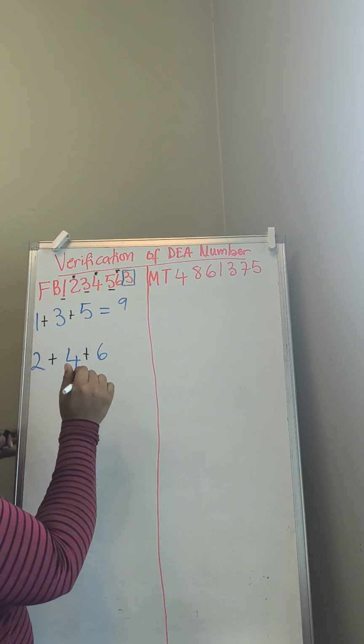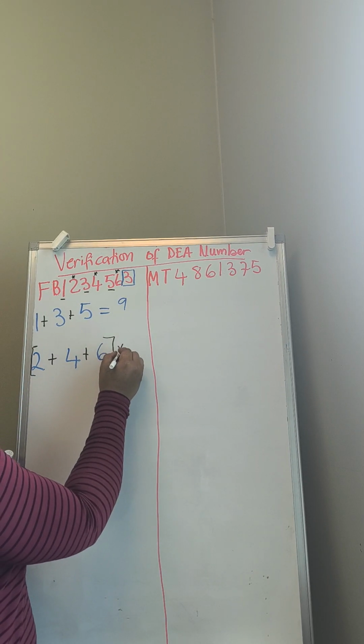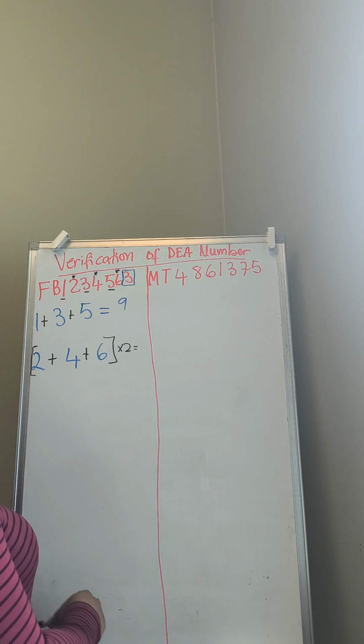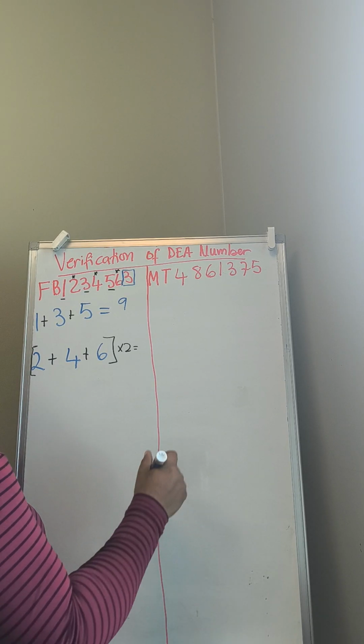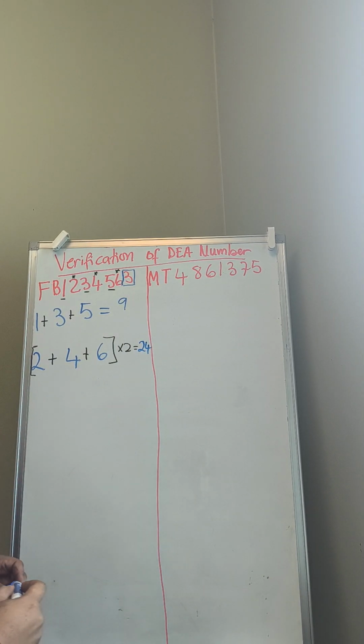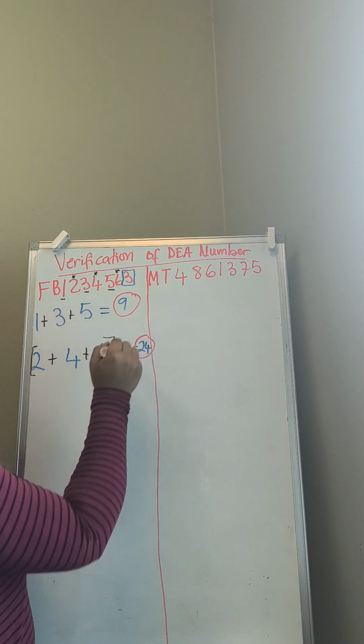Now, the difference here is after I add them, I am going to multiply this whole thing by 2. 2 plus 4 plus 6 is 12. 12 times 2 is 24. Now we have these two numbers. I have 9 and then I have 24. I wish I had a fourth color here. So let's circle them. 9 and then 24.